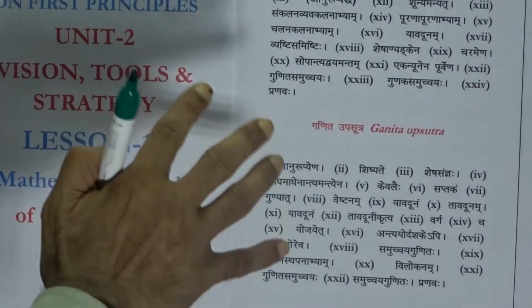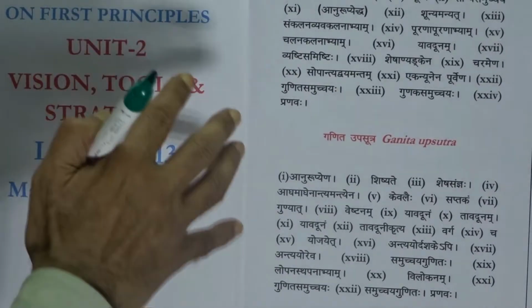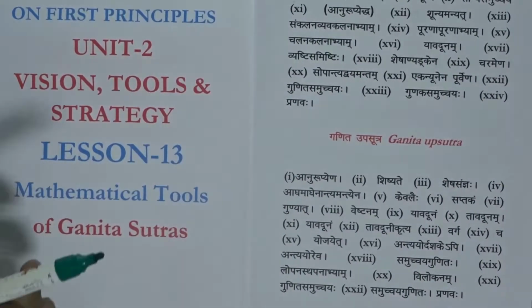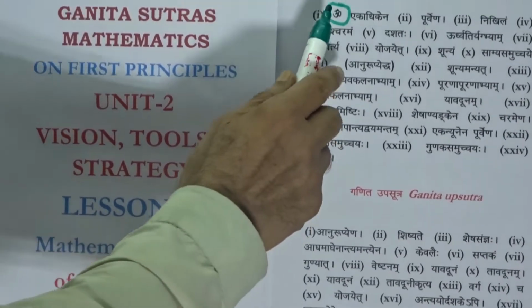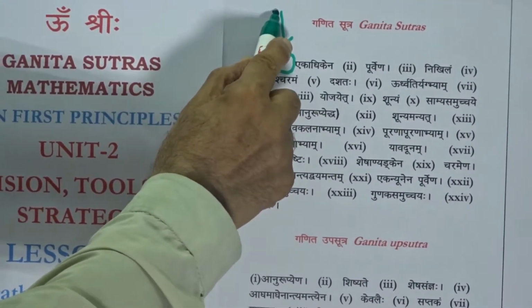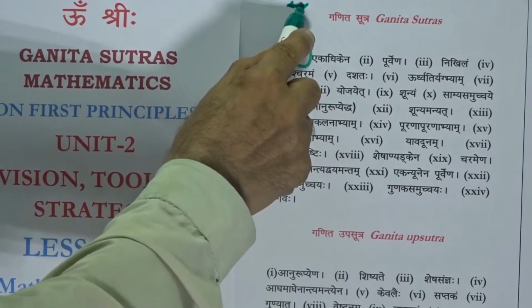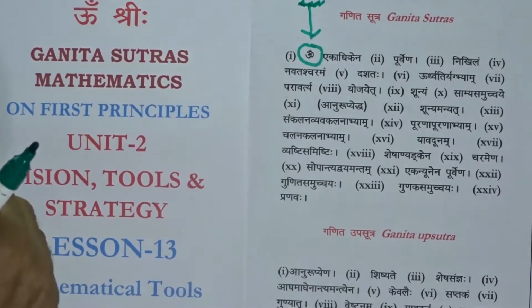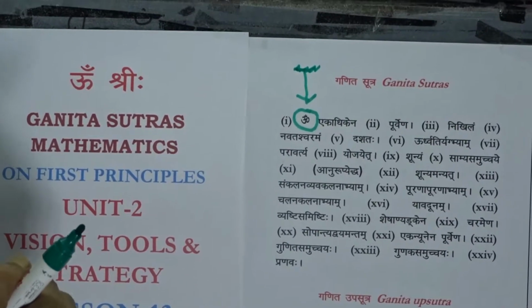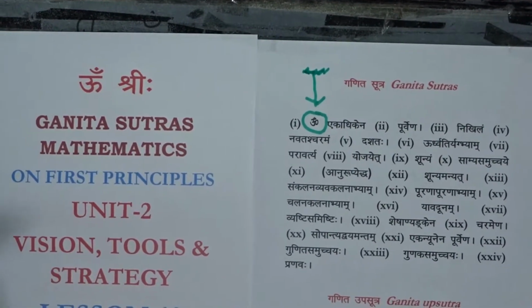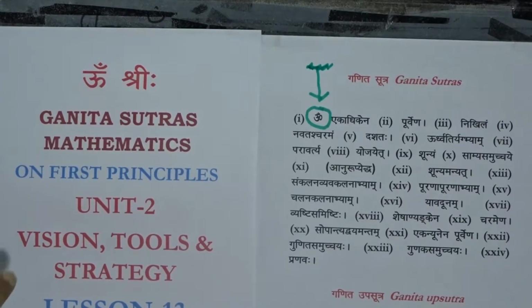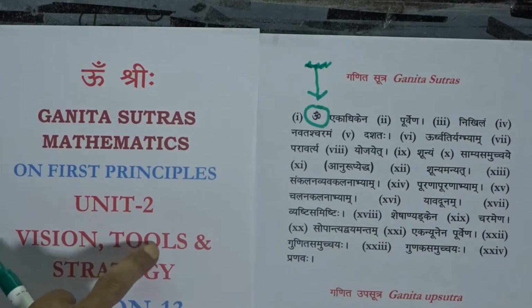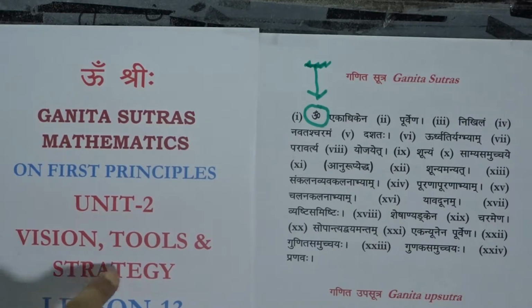And then we will see that this whole set of formulations and sub-formulations accepts the soul syllable Om as the source reservoir of values and features, in terms of which we will have a vision, and reach the tools and the strategy to reach the end reach values of the mathematics of Ganita Sutras.